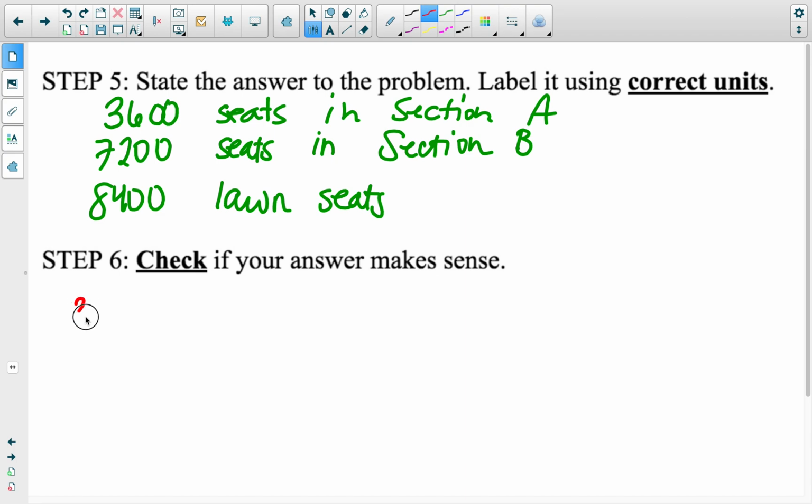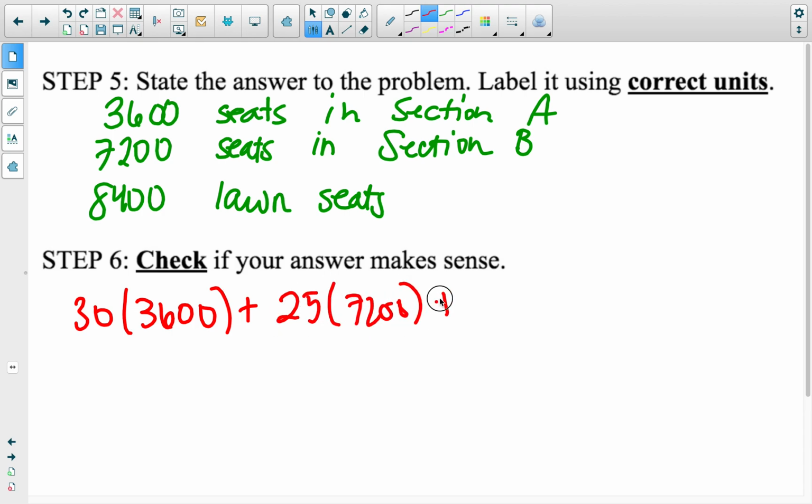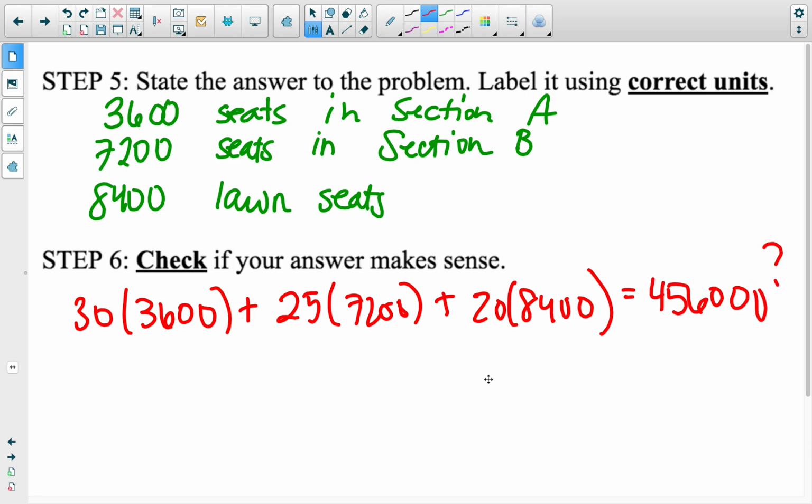So let's say I choose the bottom one: 30 times 3600 plus 25 times 7200 plus 20 times 8400. Is that equal to 456,000? Plug and check and see that yes, that is true. So your answer makes sense.